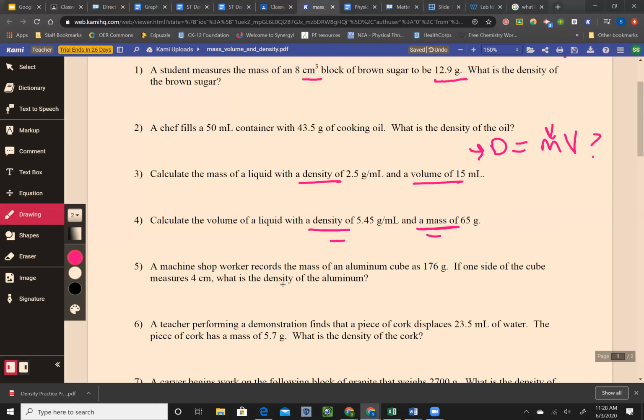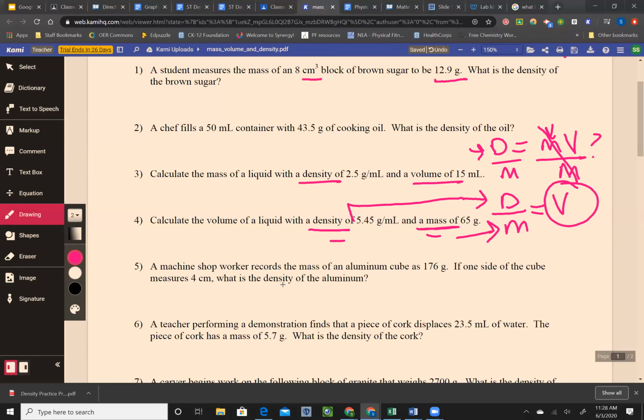Well, if you divide both sides, all right, of the equation, and you want to get rid of, and if you're just wanting to solve for volume, if you divide by m, well, there you go. The m's cross out, and you're left with volume alone. And volume equals mass divided by density. You plug in your mass and your density, and that gives you the volume.